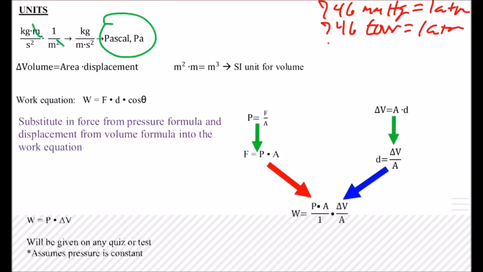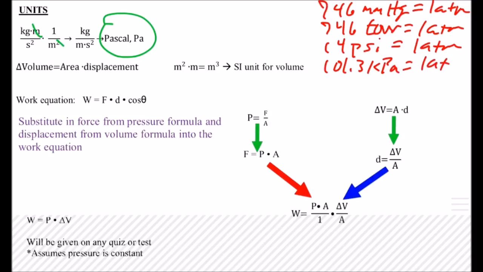We have 14 pounds per square inch, or psi, is equal to 1 atmosphere. We have 101.3 kilopascals equals 1 atmosphere. And then, of course, that means 101,300 pascals equals 1 atmosphere. So make sure that you remember and know those so that you can use them.